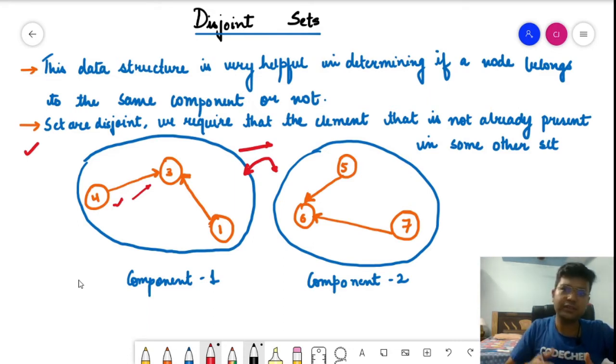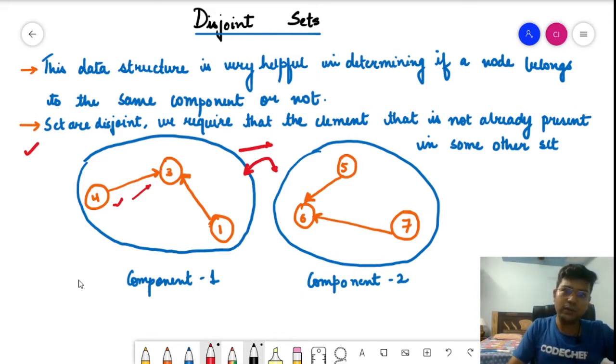If they're in the same component, then it is already one component. The other major thing is the time complexity involved. Further we will study all of this.